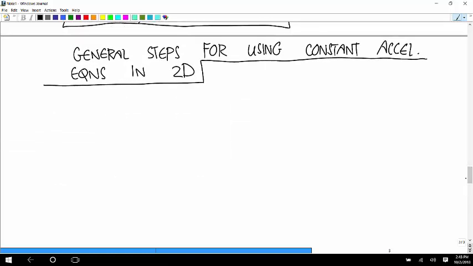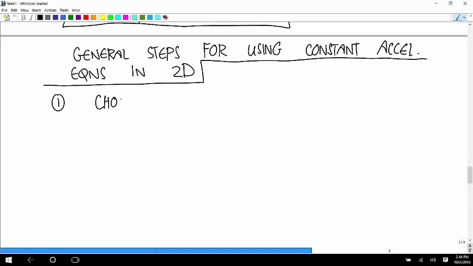And these steps are going to follow really closely the steps in 1D. So, what was the first step in 1D kinematics for using those equations? We had to choose four things. Yep, right. Time equals 0. Time final. Yep, good. So we had to choose those four things.